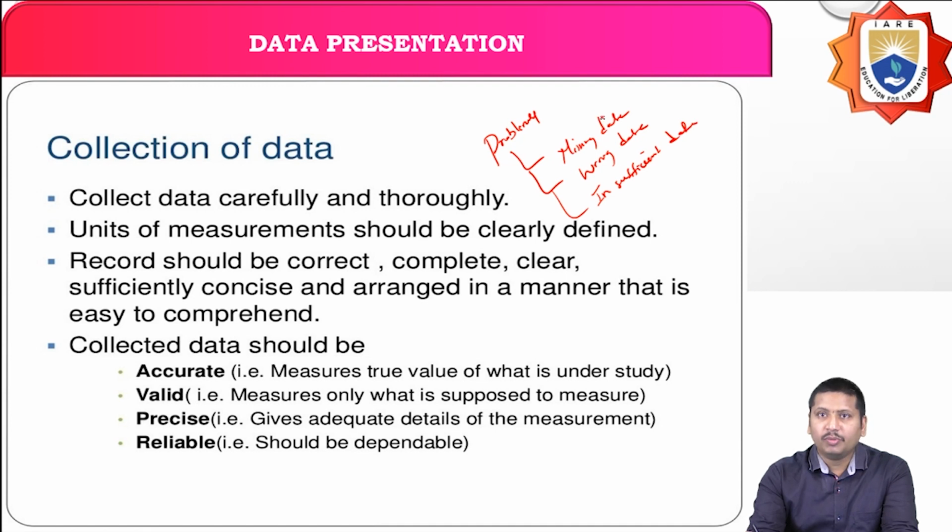These are some of the problems that may come while collecting data. The data may be missed, or I may get some wrong data, and sometimes the data may not be sufficient for the particular application.